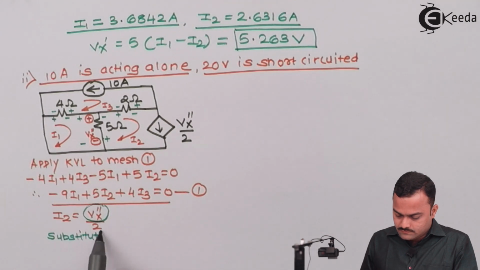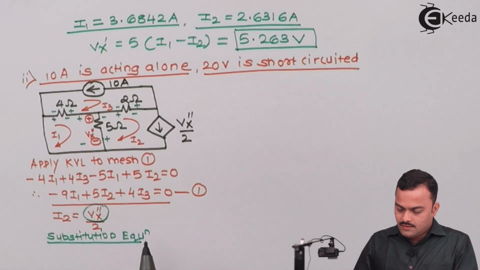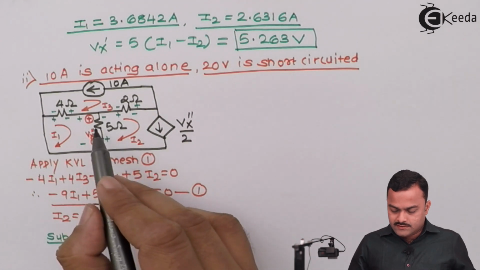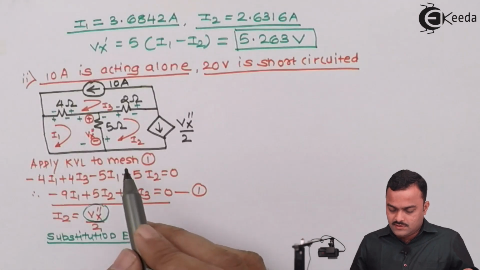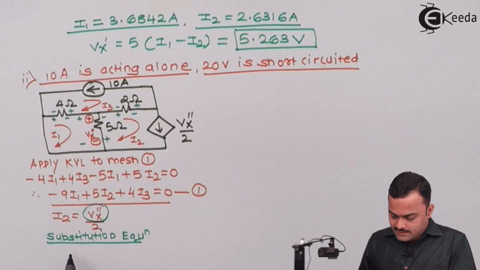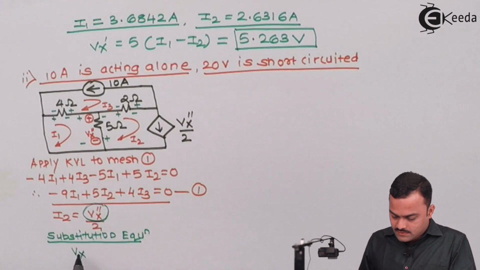Substitution equation: if you see carefully, it is the same story that we have done for the previous case. So here I can write it directly, Vx double dash as 5 times I1 minus I2.